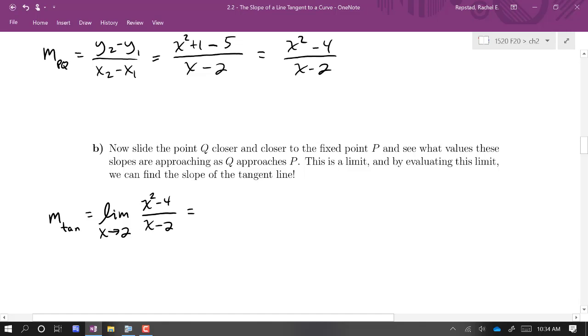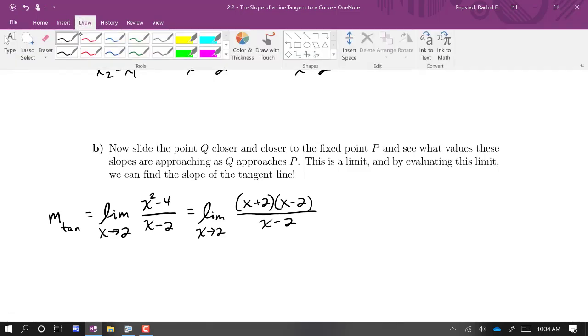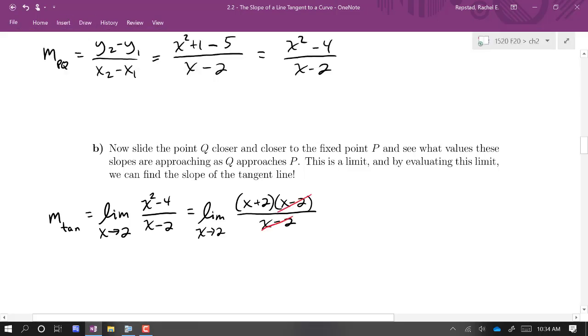We can't let x equal 2 right off because we divide by 0, but we can factor the numerator. We can cancel out the x minus 2.